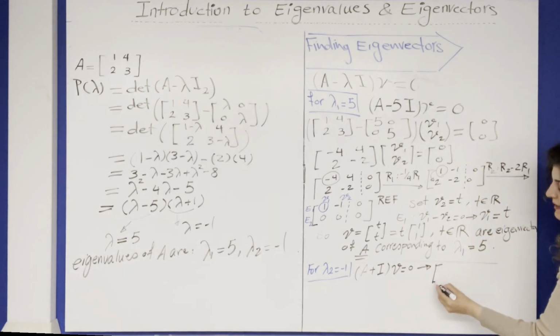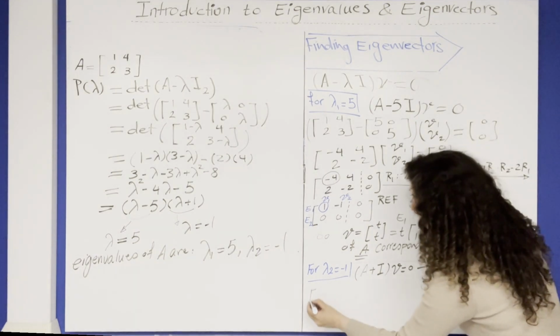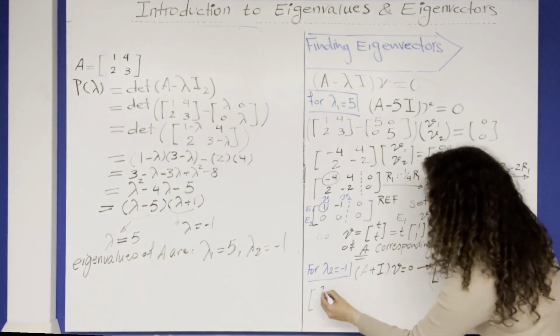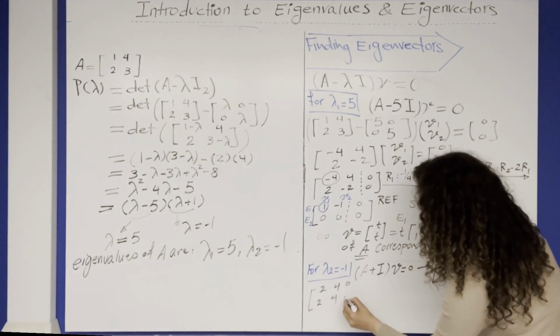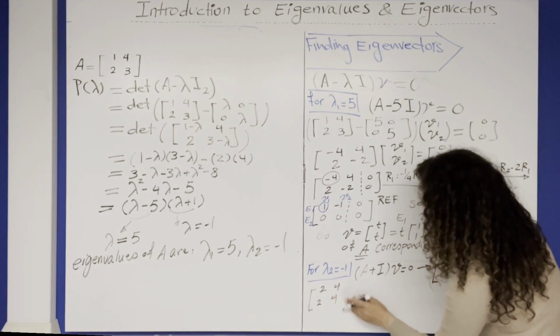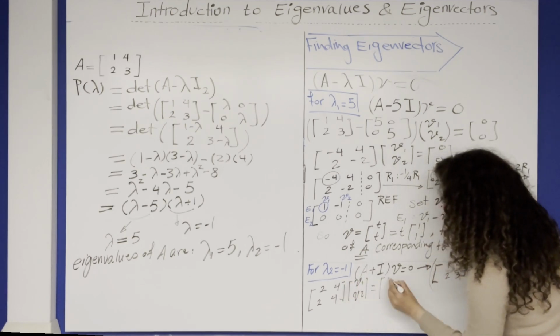So this is basically matrix A plus identity times v being 0. So if I add them, I'll get 2, 4, 2, 4 times v1, v2 being equal to 0 and 0.